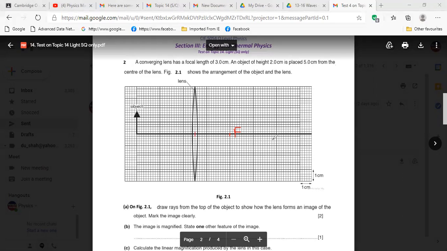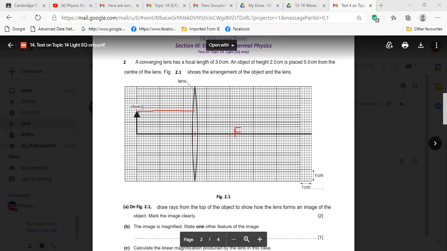Now, after getting F, they are saying top of the object, we have to show the ray diagrams so that we can get the position of the image and label the image position as I. So what you have to do, we have to draw one parallel line here.